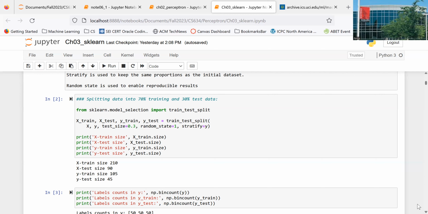This is the set of 150, with X1, X2, X3, X4. And after that, you have 70% for training and 30% for testing. That's how these two parts come up.